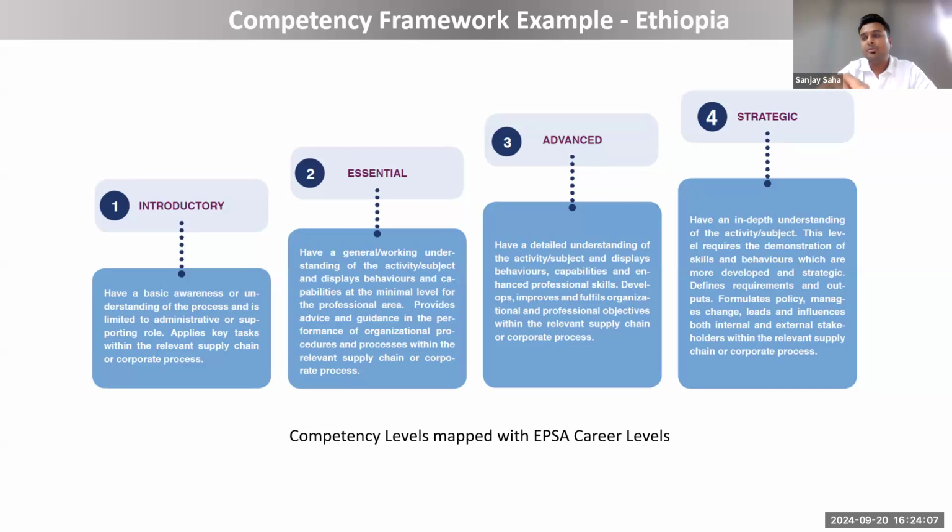And similarly, for those working on the number two job band, they can be recruited in a way that IPSA knows that basic skills are there, and then they invest in them with training so that they can go from job band 2 to job band 3.